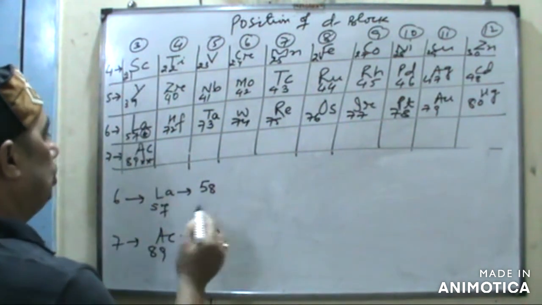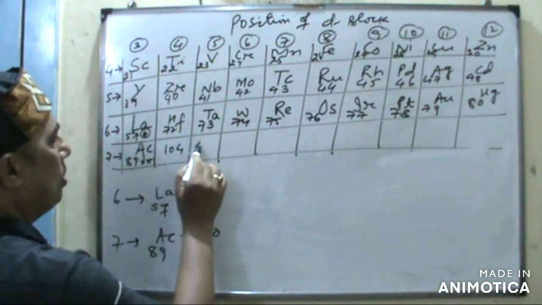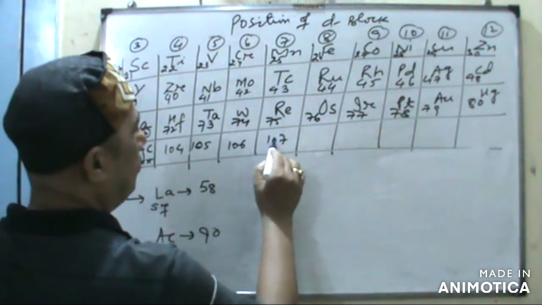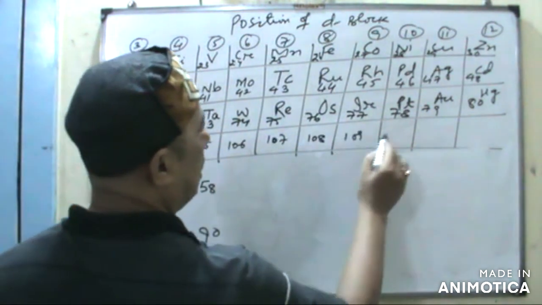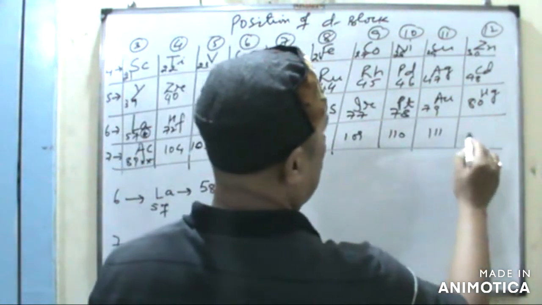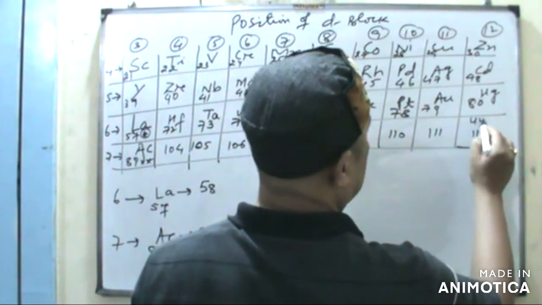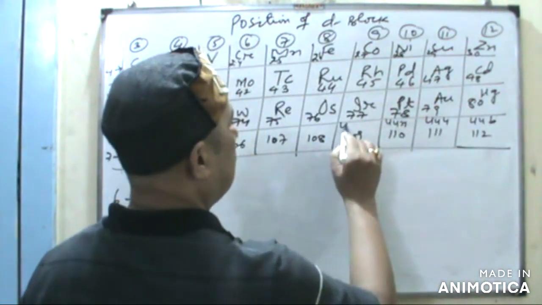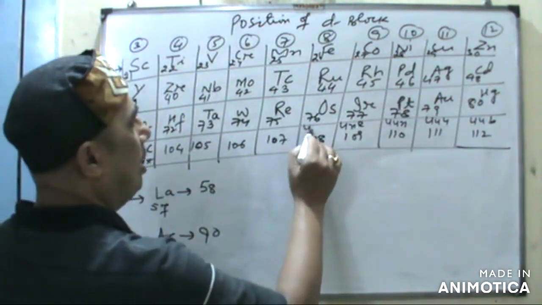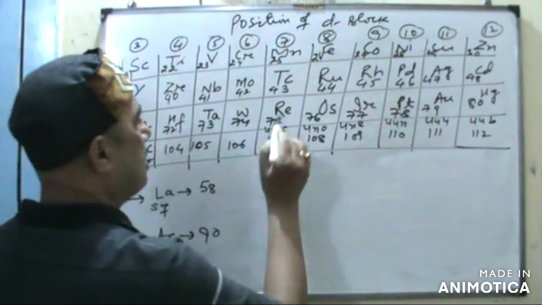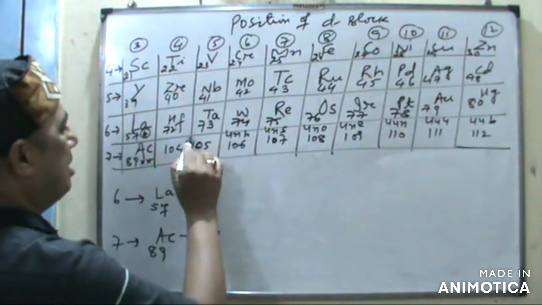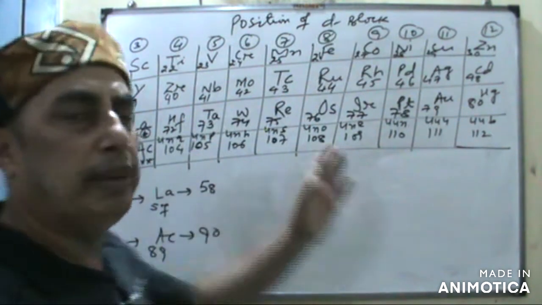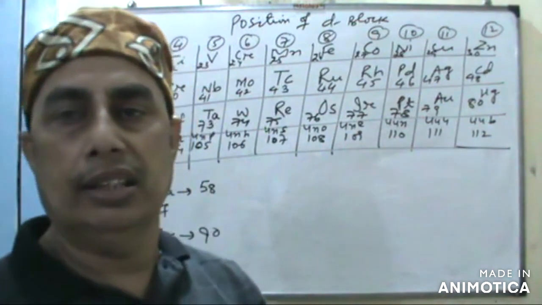So 90 to 103, then 104, 105, 106, 107, 108, 109, 110, 111, 112. You remember in 11th class, un-bi-nilium, nilnilium and so on: nil-octium, nil-septium, nil-hexium, nil-pentium, nil-quadium. These are expected atomic numbers which are not discovered yet.